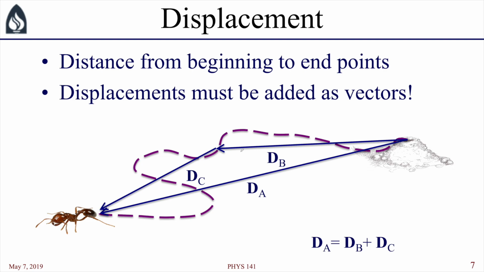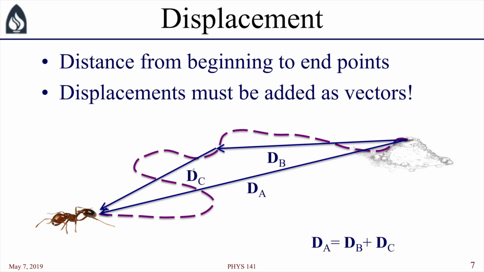You'll notice something interesting about displacements. If we consider the ant's halfway point along its journey, the distance from the anthill to the halfway point would be this dB distance, and then the displacement from the halfway point to the ant's final point would be the length of this second arrow, dc.